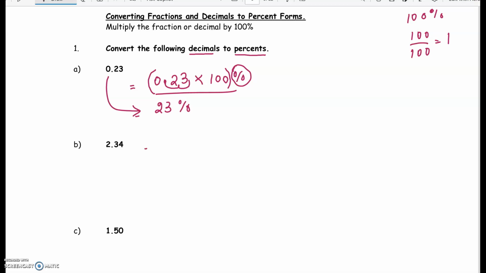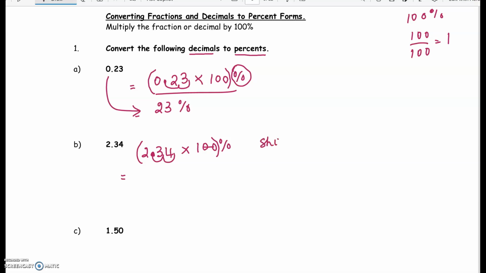So again, 2.34. We're going to change a decimal to a percent. So we multiply with not 100, but 100%. We leave the percent outside and simplify what's inside the parentheses because we want to write the decimal as a percent. So 2 place values to the right.